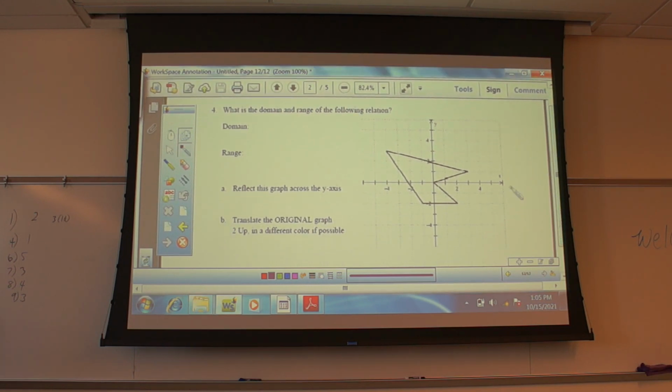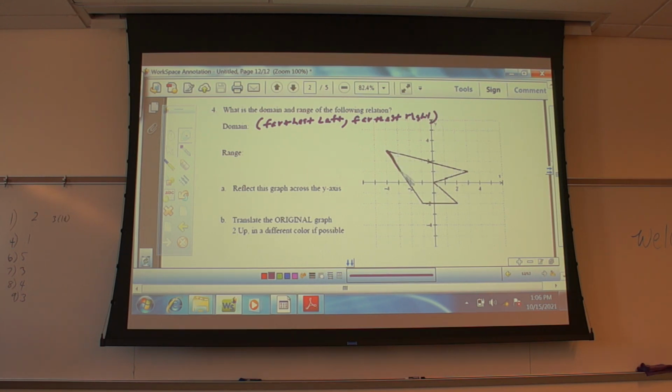My domain. If you need to have notes on this for your exam, maybe you should write down in your notes that my domain is the farthest left, comma, the farthest right. So here, what's my farthest left?